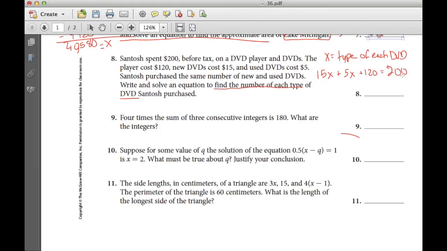Now just take a look at that for a second, how we set that up. $15 for new, $5 for used, $120 for the player, and then $200 total.